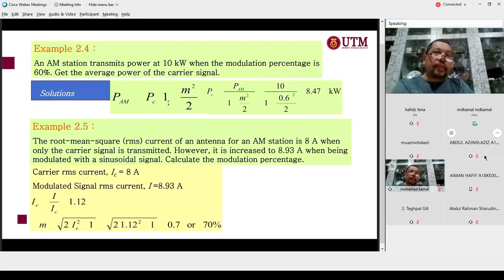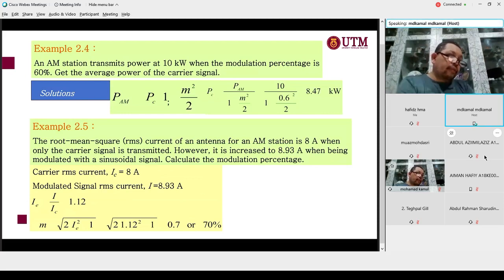Okay, so this is just an example. As we can see here, an AM station transmits with modulation percentage of 60%. Get the average power of the carrier signal. So in this case, you want to find what is the average power inside your PC.